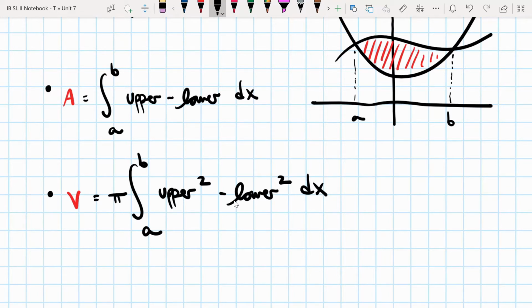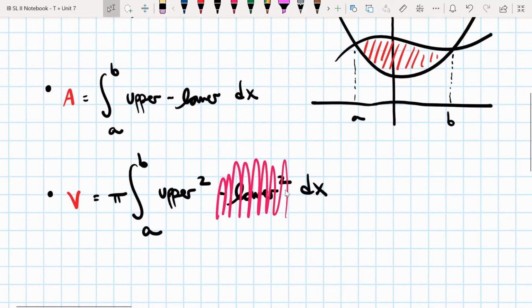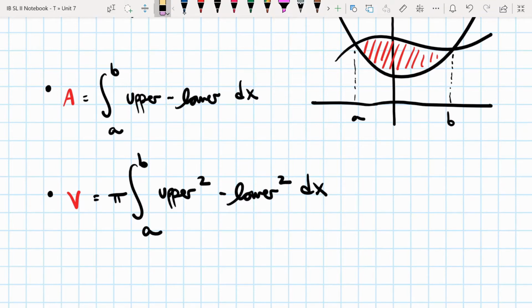And so this is the washer method. If it was just one function rotated around the x-axis that was attached to the x-axis, and we'll see a problem like that today, you actually don't need this part because the lower function is technically 0. So this formula right here is a generalized form of the disk method.